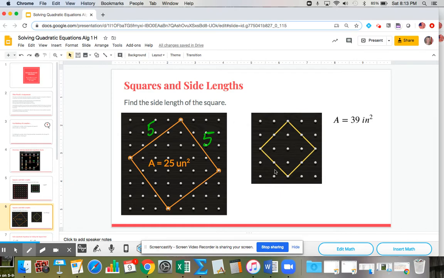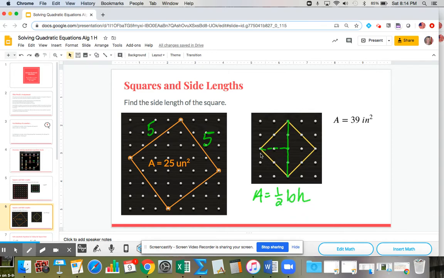Okay, over here, they did not give me the area of the square, but I can figure it out. If I draw this line going down, I actually have 2 congruent triangles, and the base of the triangle is 4, and the height is 2. And we know the area of a triangle is half of the base times the height.